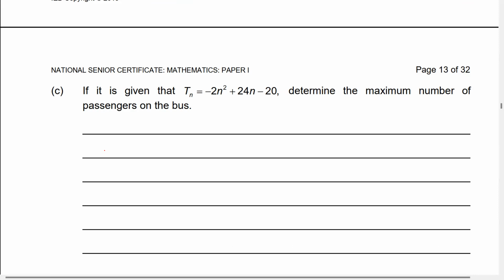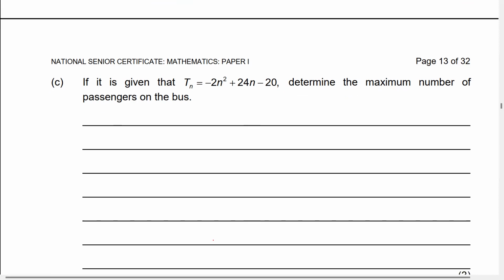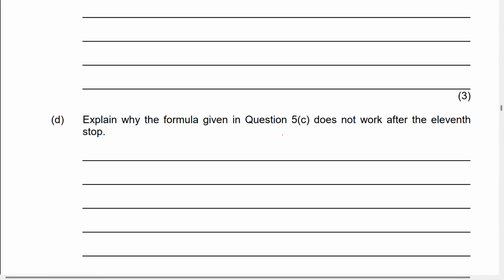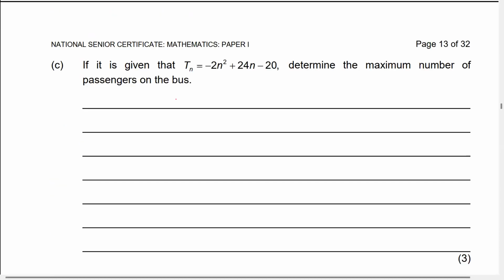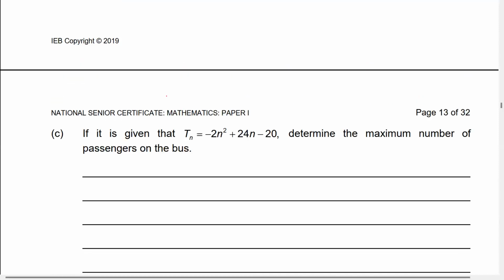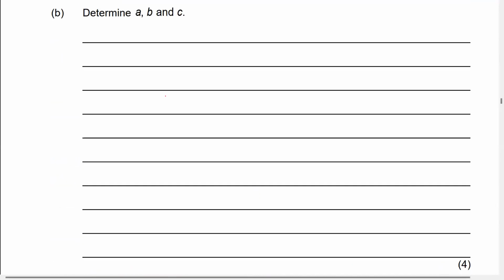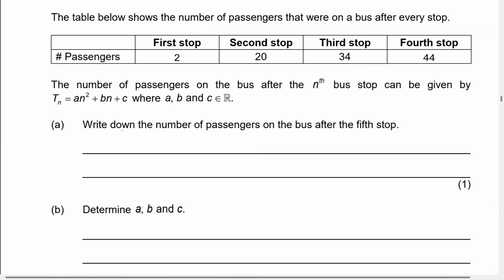And then in 5D, they are saying, explain why the formula does not work after the 11th stop. If it doesn't work after the 11th stop, you need to ask, what is it for? This one determines the maximum number of passengers on the bus. Write down the number of passengers on the bus after the 5th stop.